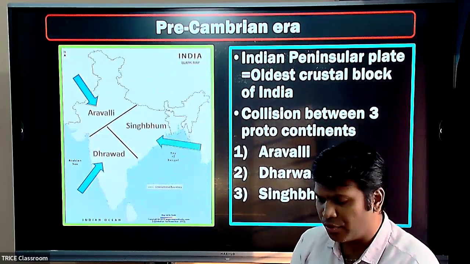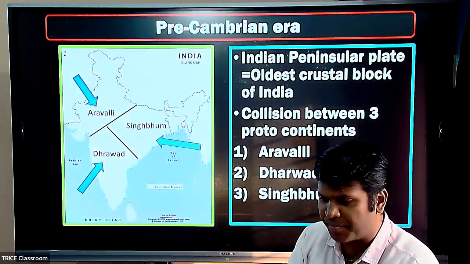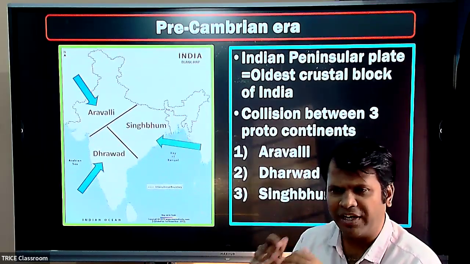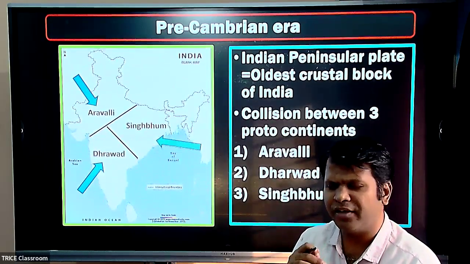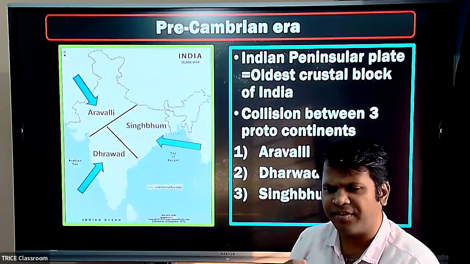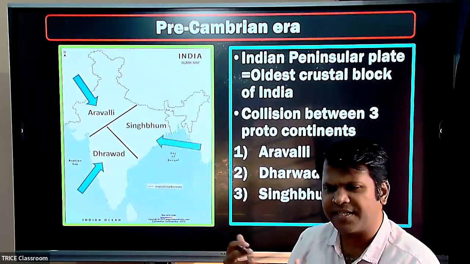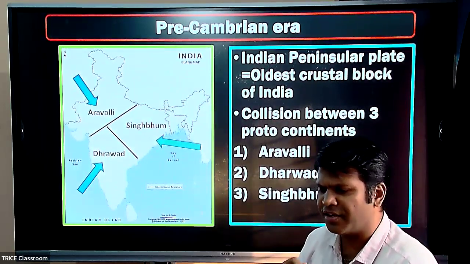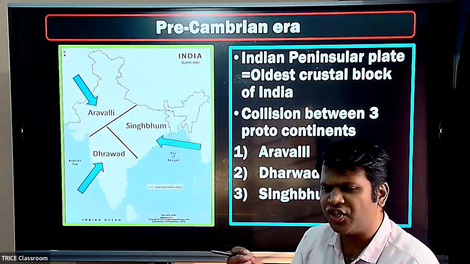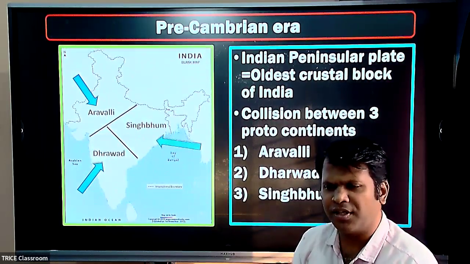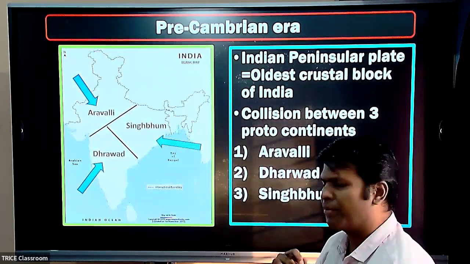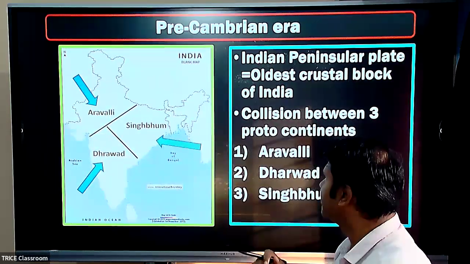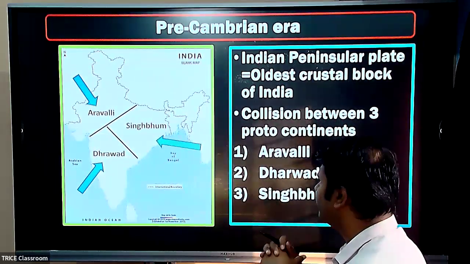I've already told you, when the oceanic plate gets subducted, the basaltic rock goes into the interior of the earth, transforms itself into metamorphic rock, andesitic rock, and andesitic eruption takes place, which forms the continental crust. One of the initial crusts formed on the earth is the Dharwad plate, one of the initial continental plates, the oldest crust block of India.